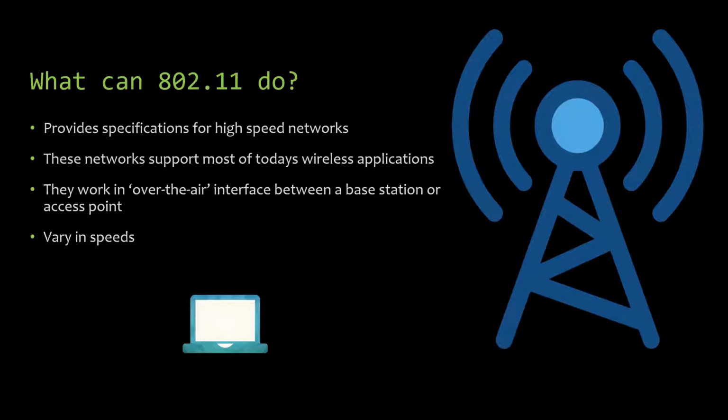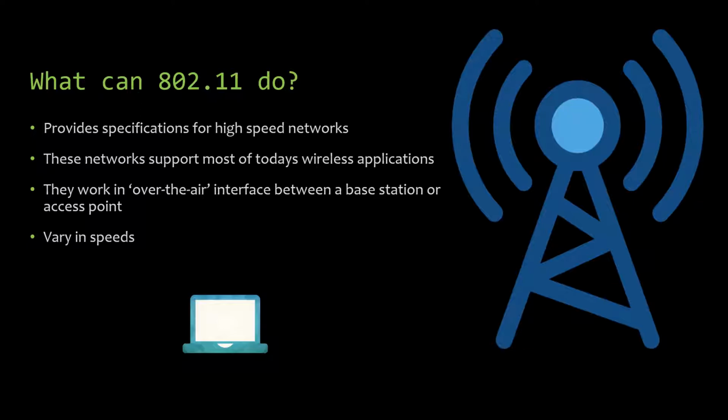Now, B, G and N can support various different speeds of up to 54 megabits per second, and if a device is sold with the Wi-Fi trademark on it and with an 802.11 compliance, then that would mean that the device is capable of transferring up to 54 megabits per second.